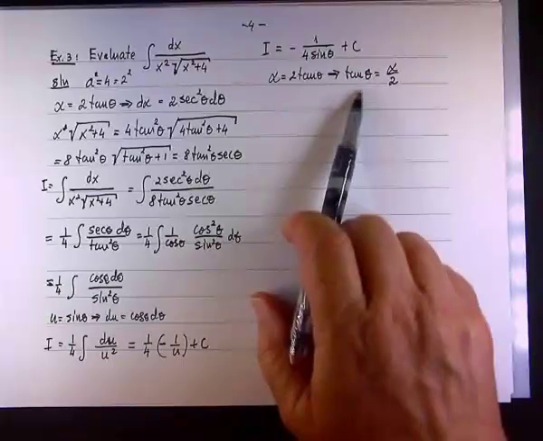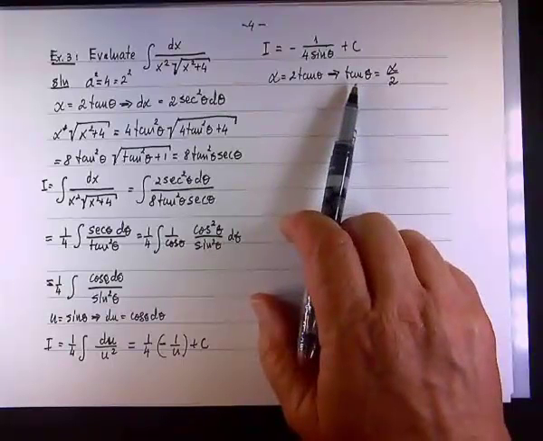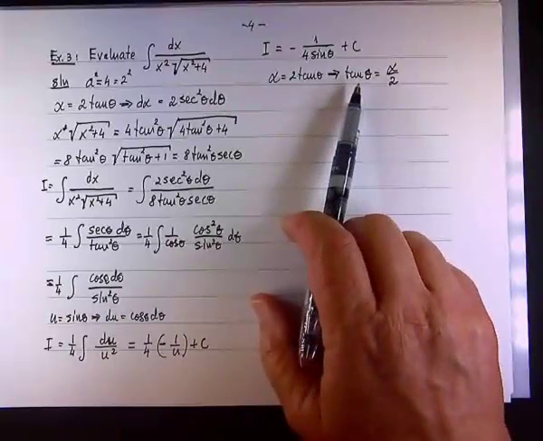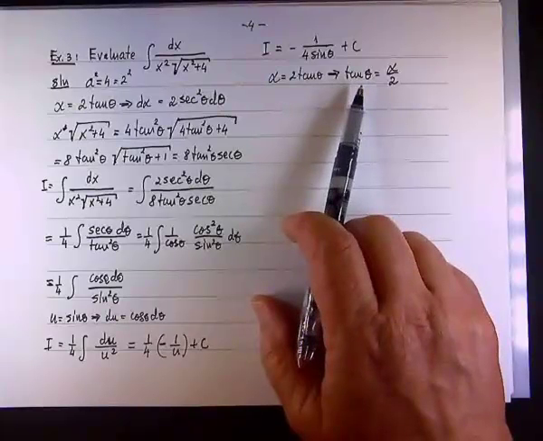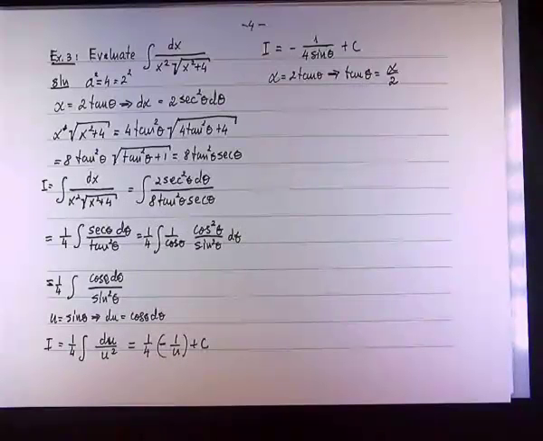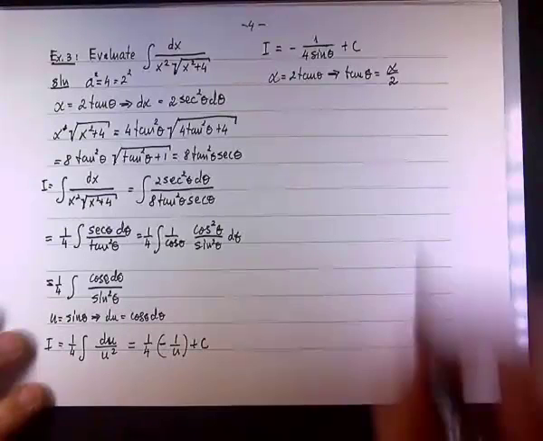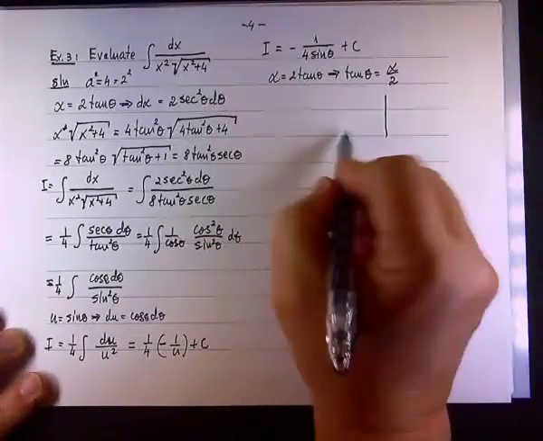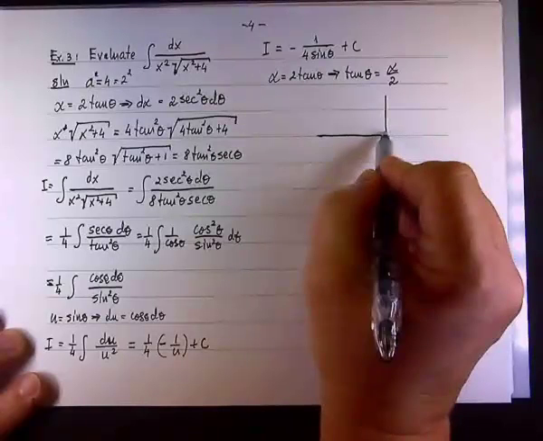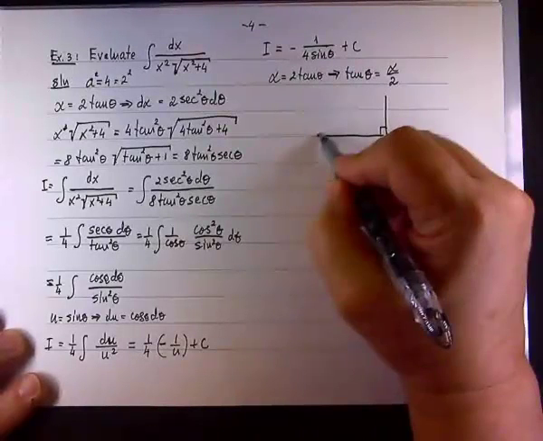Again, I can use trig identities to express the tangent in terms of the sine. It's a little bit inconvenient because I have sine over cosine. Now I need to express the cosine in terms of the sine in terms of x. It's much more elegant to use the right triangle substitution.